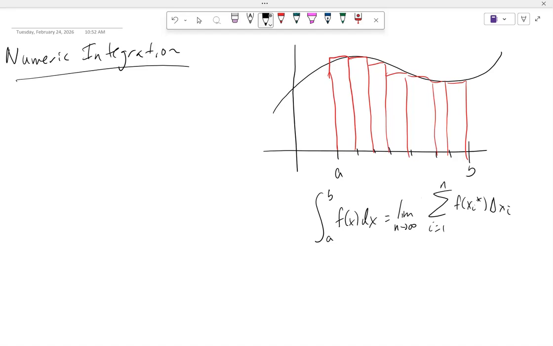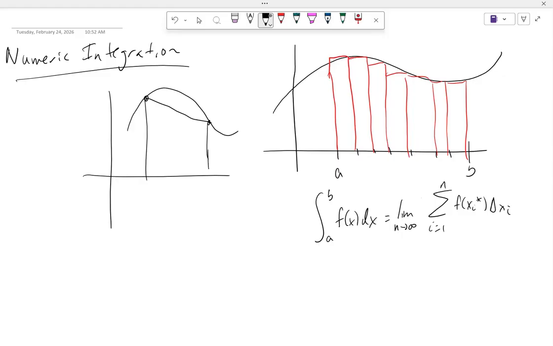Now, again, you may have done a couple of these rules that we're going to see today. You may have done a couple of these rules that popped out from other geometric shapes. You probably talked about the trapezoidal rule, right? Just to draw one small picture here: you probably talked about having a point and connecting it with a stick, and then doing the area underneath that stick as your approximation.